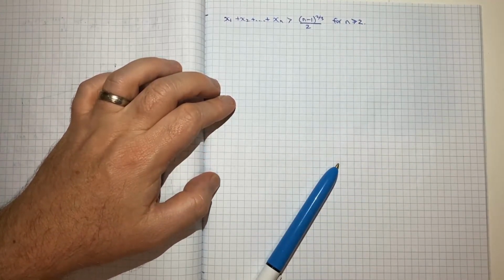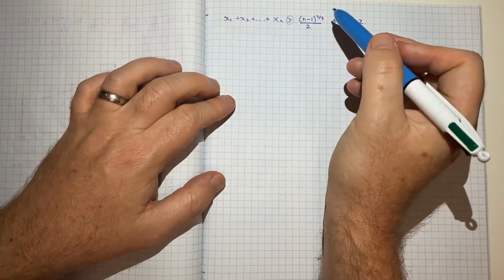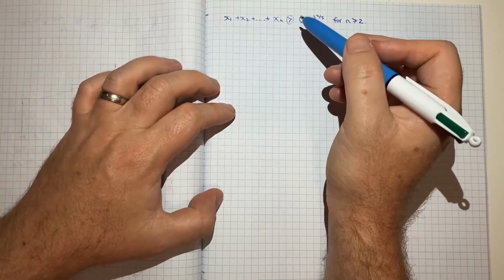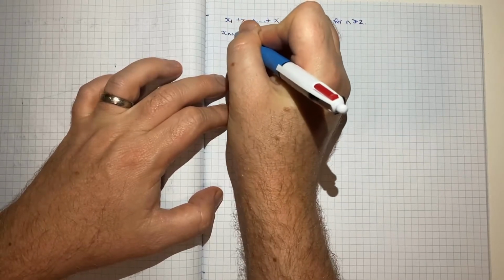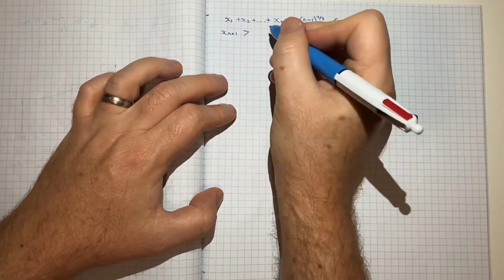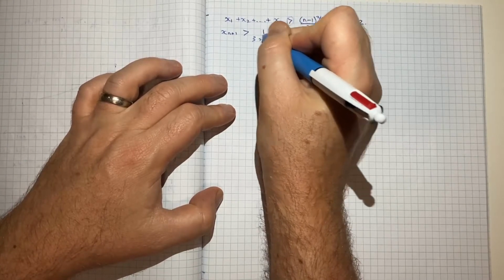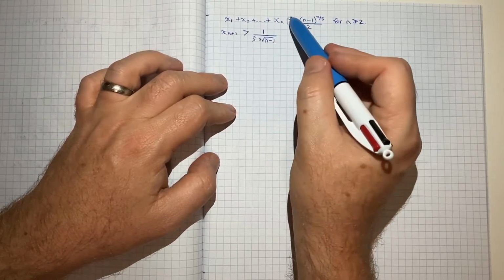Now, this greater than sign makes me think that the result we proved in part 2, that result of xn plus 1 is greater than 1 on 3 times the cubed root of n minus 1, will come in handy for two reasons. First of all, it's got the greater than sign.